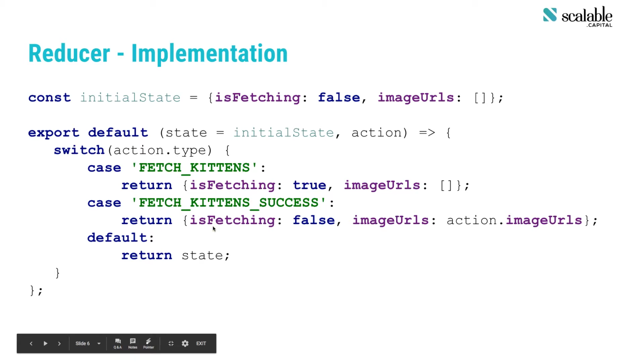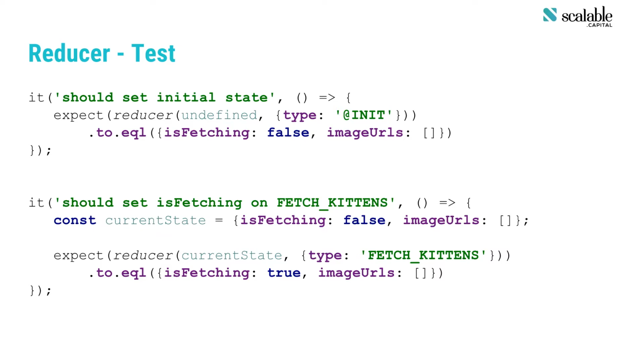So we say, okay, Fetch Kittens Success should set isFetching to false and should set the image URLs from our action. We get the payload and set it to our state. That's the nicest thing about Redux. It's damn simple and really straightforward. And any code that's very simple is super easy to test.